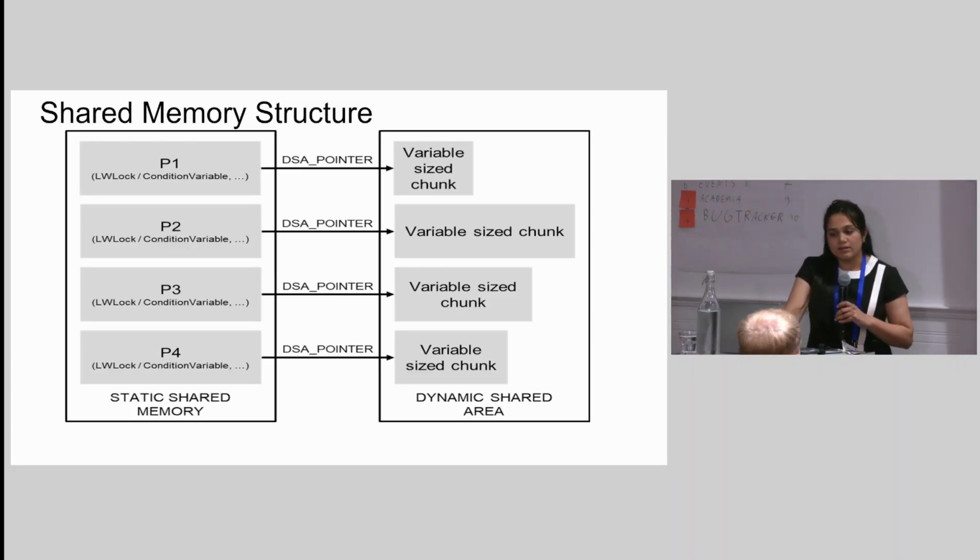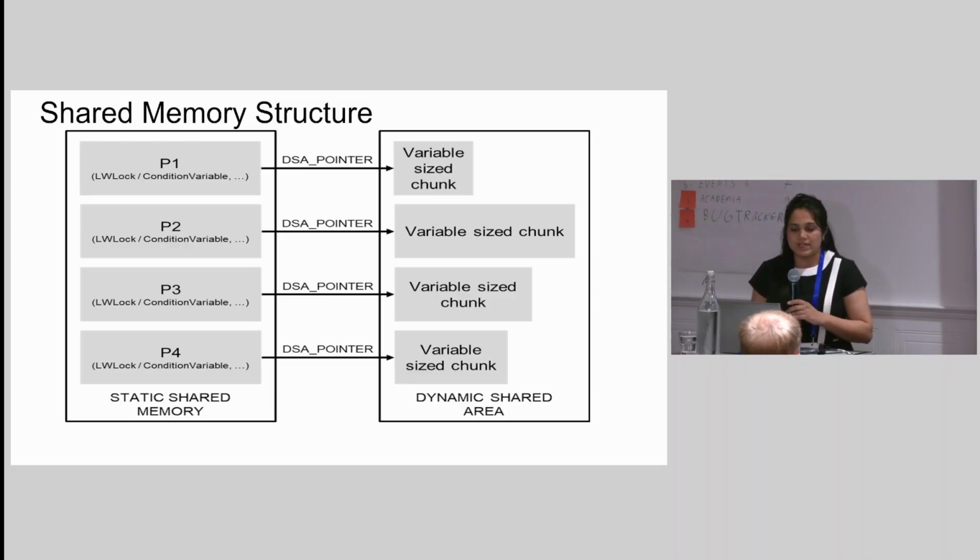Another thing that the static shared memory array contains is the DSA pointer, which is like a pointer returned by DSA allocate. This points to the variable size chunk of memory used to report memory context statistics. Since a memory context can grow to a really large value, we need a way to have a variable size chunk, and that's what DSA pointer gives us.